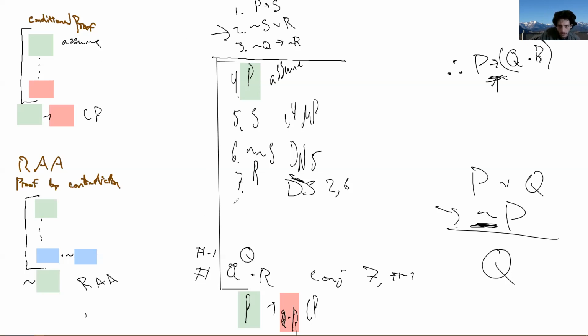So you might hit a wall and not know how to get to Q. And anytime you want to get to something that you don't know how to get to, like we could have even done this for the bottom conclusion, it's just that there was more stuff that we saw how to do. But we can just say, all right, then on line 8, I'm just going to assume not Q.